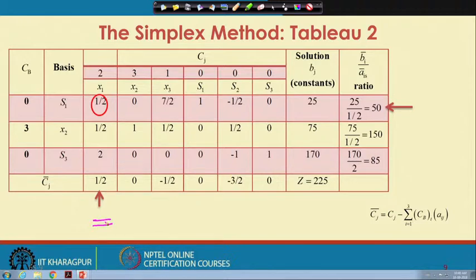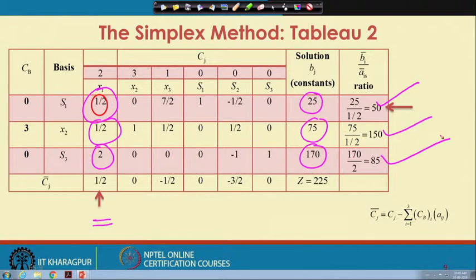So, for that we take the divisions: 25 by half is 50, 75 by half is 150, 170 divided by 2 is 85. So, minimum is 50.